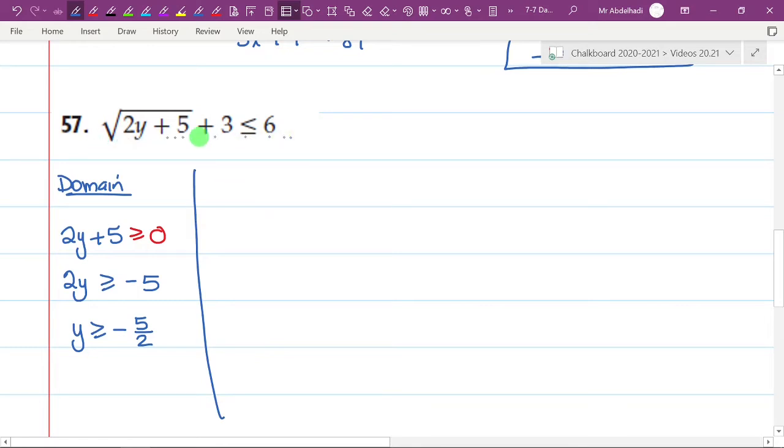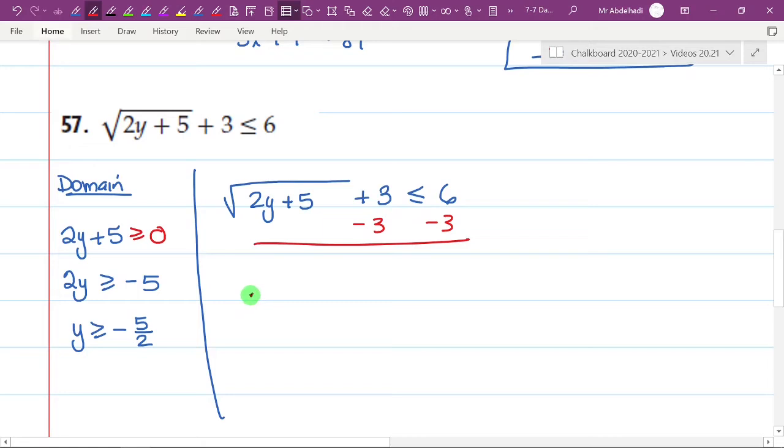Now let's solve the actual inequality here. We're going to subtract 3 from both sides. We're going to realize this is a power of 1/2 right here, right? Second root.